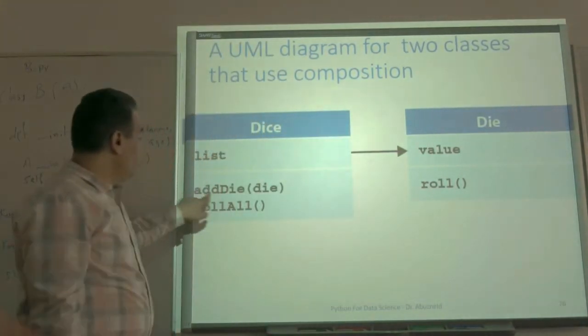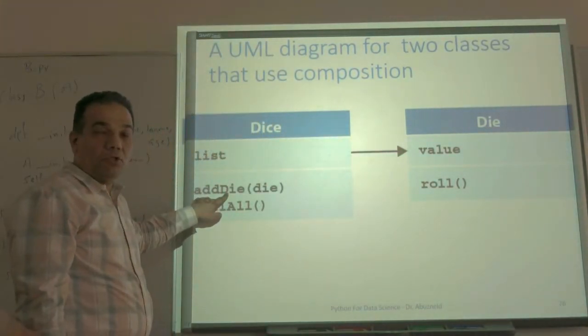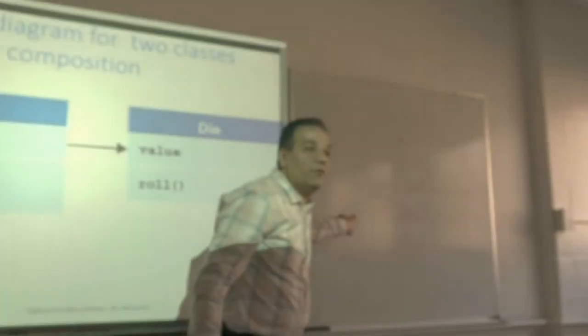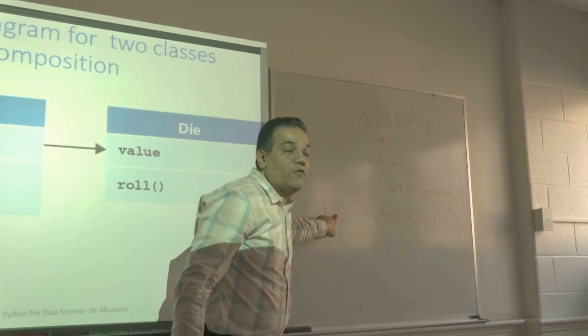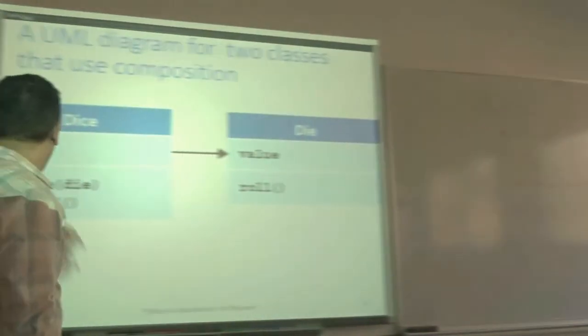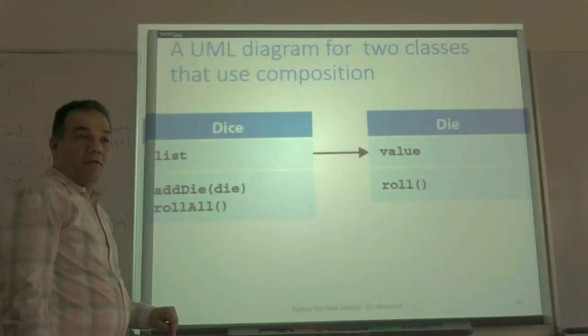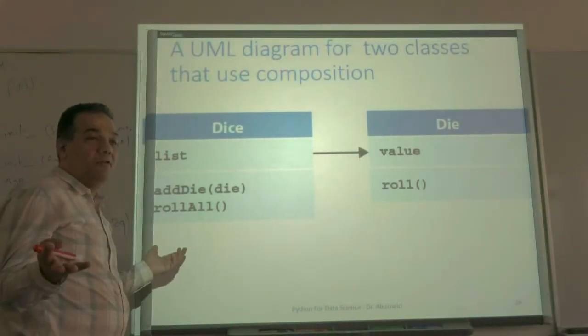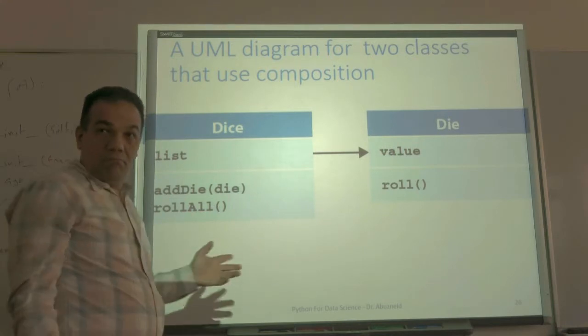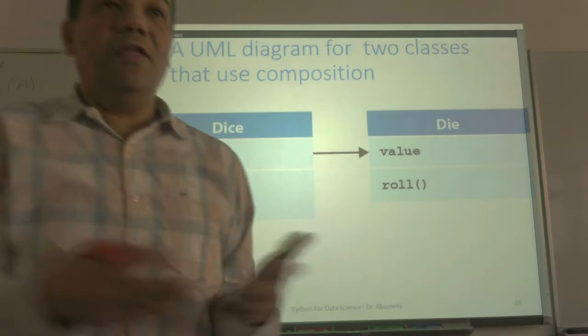So I should have a method to add a die to the list. As an example, in here, how many die do I have in this dice? 3. If I want to make it 4, what should I run? Add a die. What other method? Roll them all. For this application, do I need anything else?